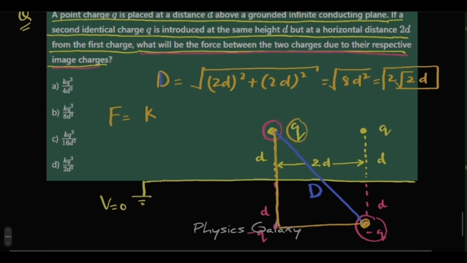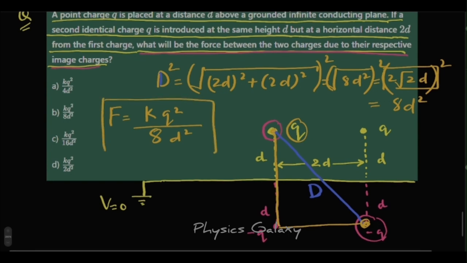So this is q times q, that is q square, divided by D square, which is 8d square. So it's option number B.